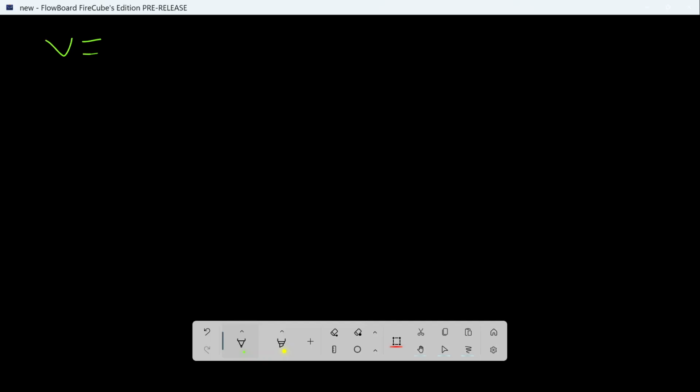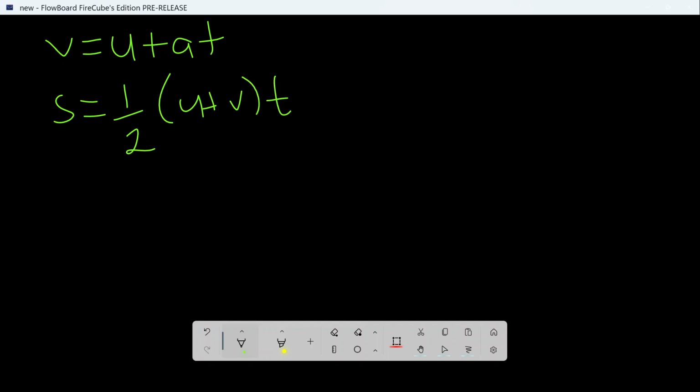We again have v equals u plus at, and we have s as a half (u plus v) t. This time I want to make u the subject of the equation, so I'm going to come to this equation right there, and I'm going to move the at to the other side.